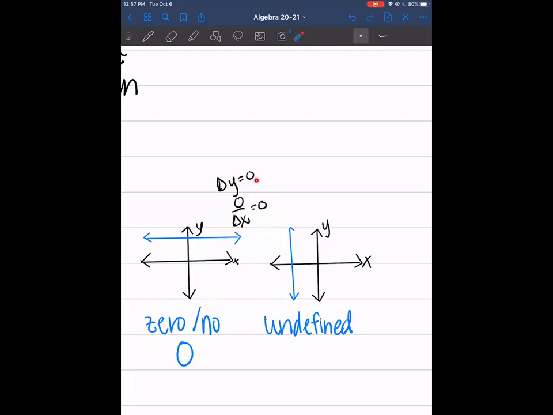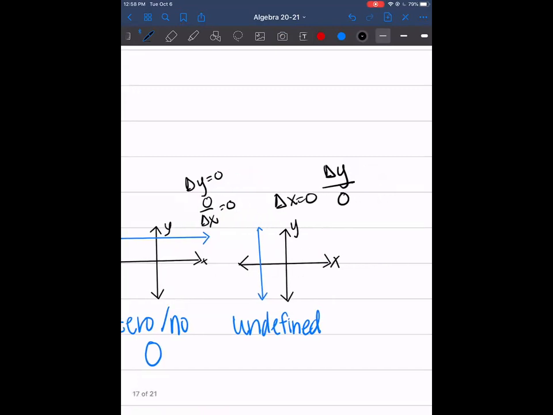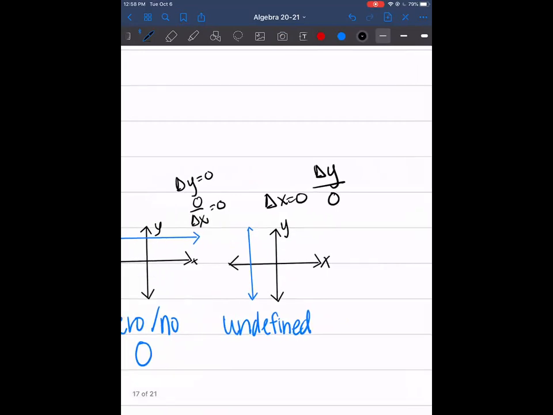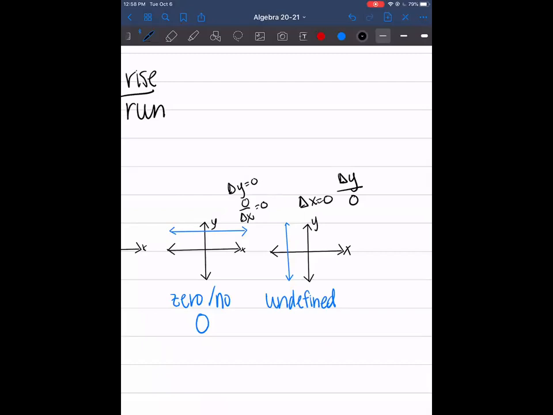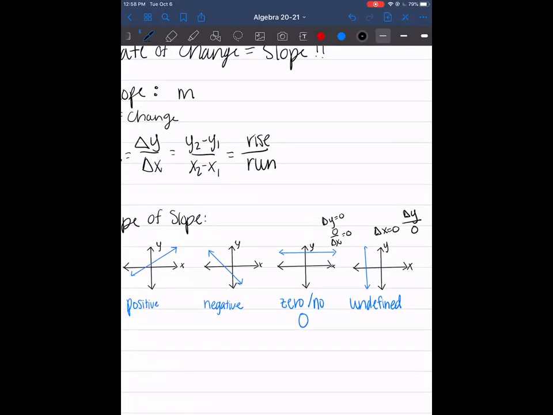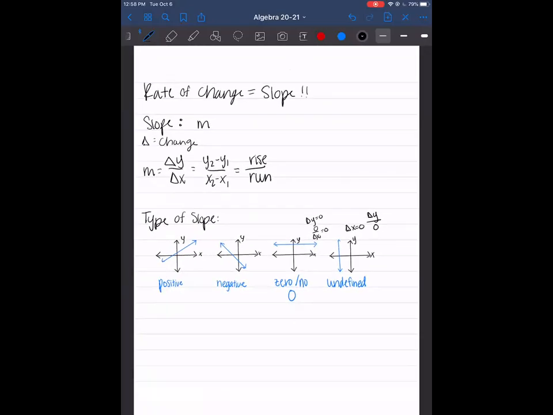Our change of y is all the numbers, but for our change of x, there's no left or right. So our change of x is 0. So that would be change of y over 0, which is dividing by 0. We cannot divide by 0. That is always undefined. That's not possible. So those are our 4 types of slope.